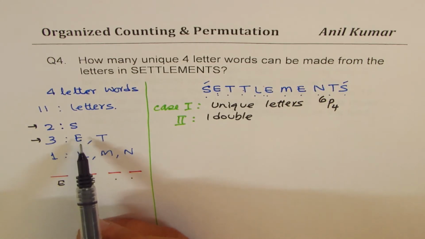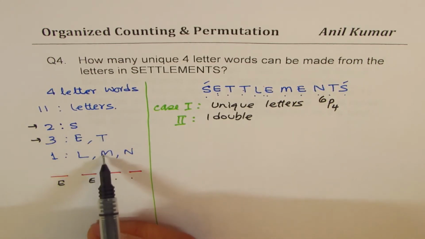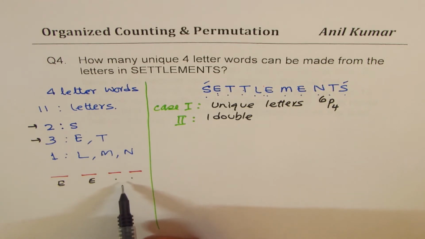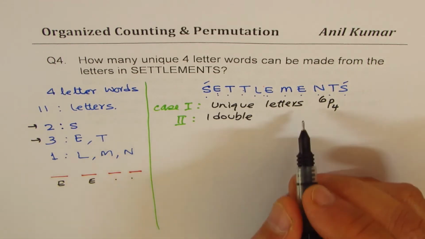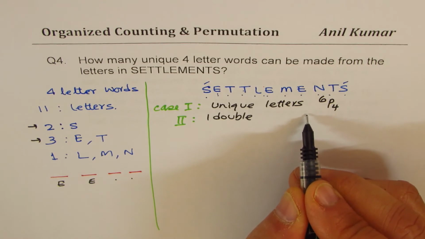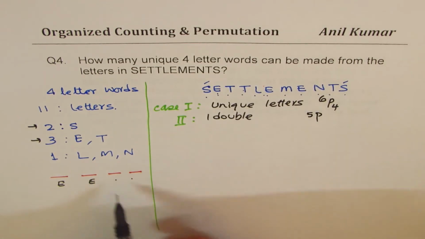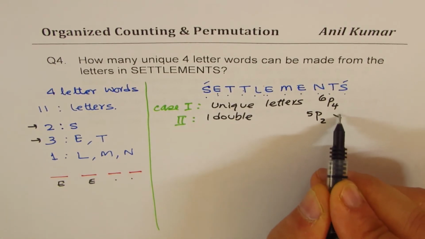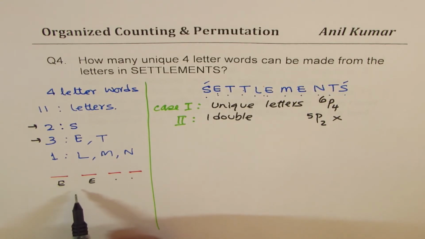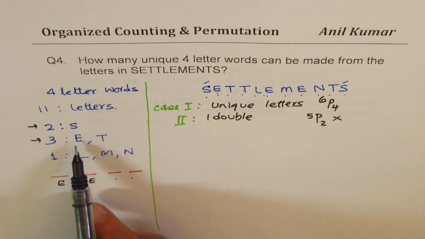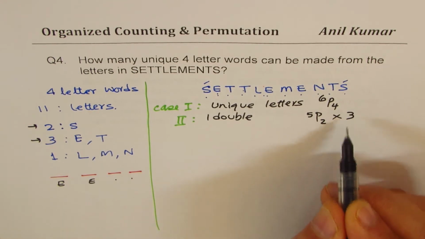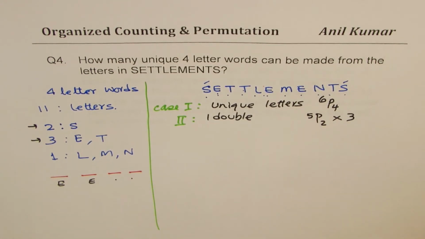So if I take away E, I'm left with 1, 2, 3, 4, 5. So 5 can fill up these positions. So from 5, we have to fill up 2 positions. And this operation can be done with 1 double for S, E, and T. So for 3 different letters, correct? So we get these numbers.